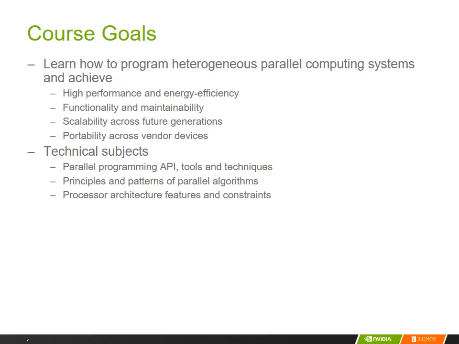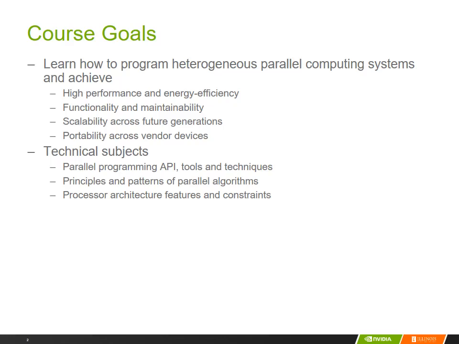We would like to help the students to achieve these goals while maintaining their functional correctness and the maintainability of their software. We would like to also teach students the principles behind the scalability and portability so that their software can be scalable across future generations and also be portable across vendor devices.